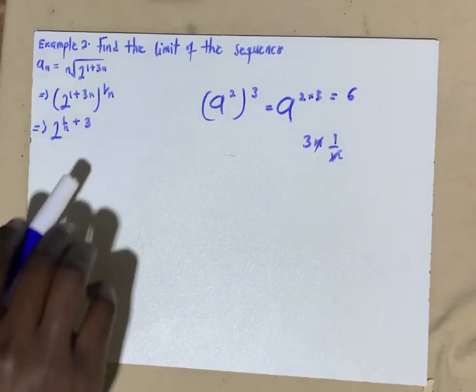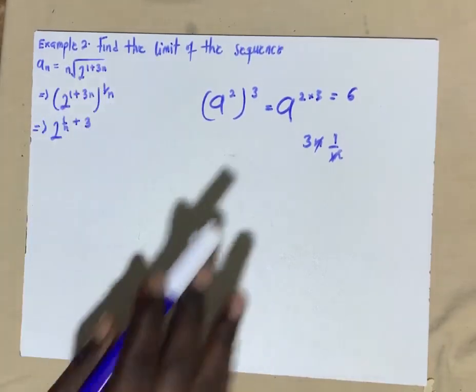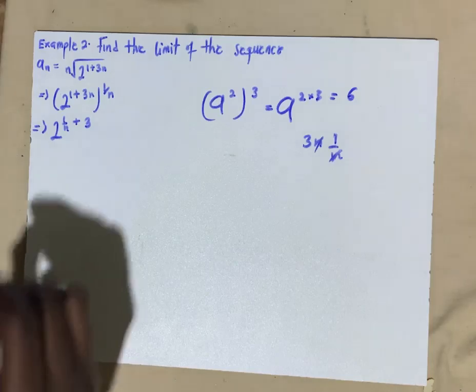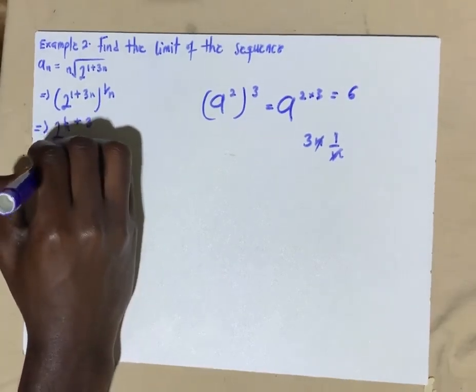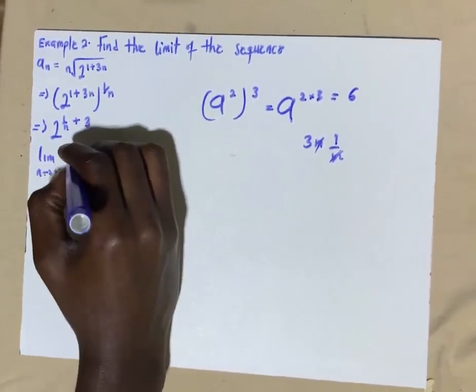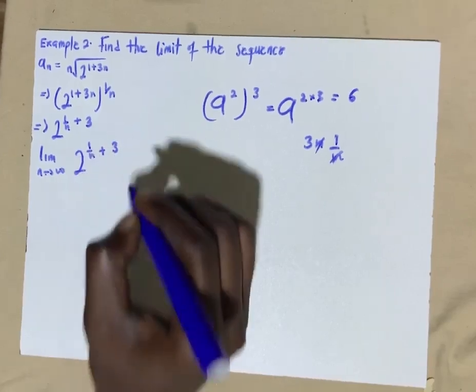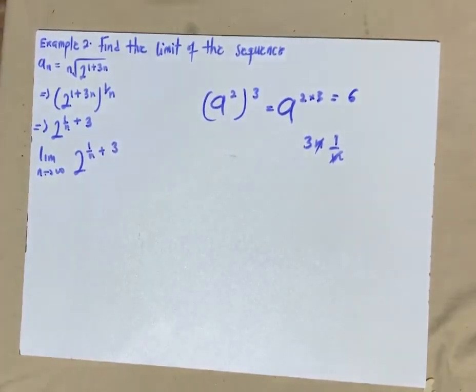Realize we have not even started finding the limit yet. All we were doing was rewriting this in a nice way. Now let us find the limit. The limit as n approaches infinity of 2 to the power 1 over n plus 3. How do we go about this?